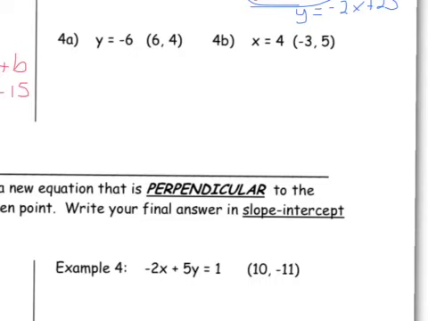So it also has to go through that ordered pair. So we're going to take y equals, and then all I have to do is look at the x and y values over here. And for y, it's going to equal 4. So for this horizontal line, it's going to pass through the y-axis at 4. So if I was to graph this quickly, if I took y equals negative 6, that's going to be around here somewhere.